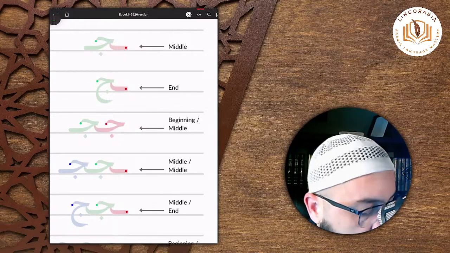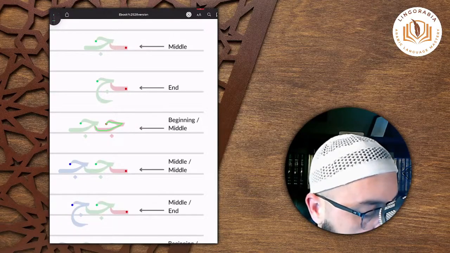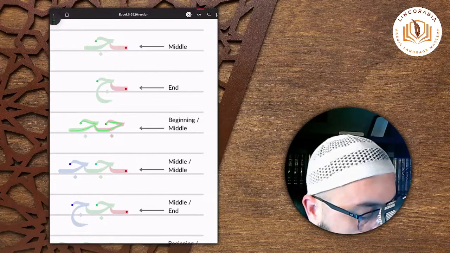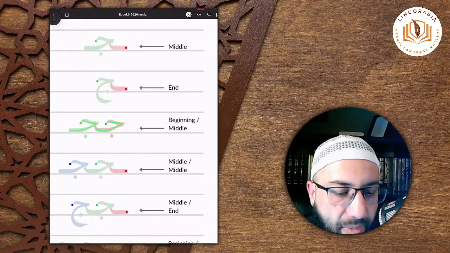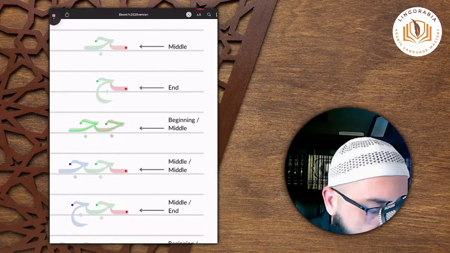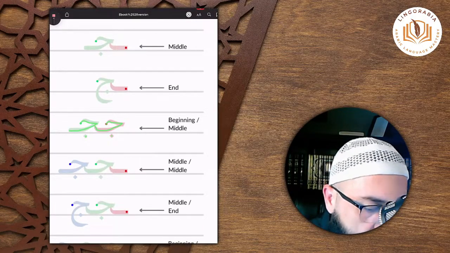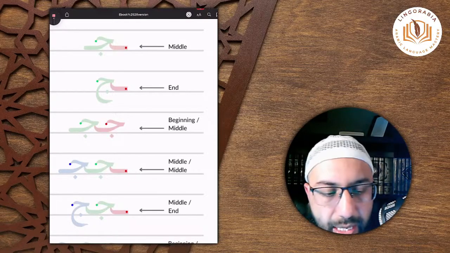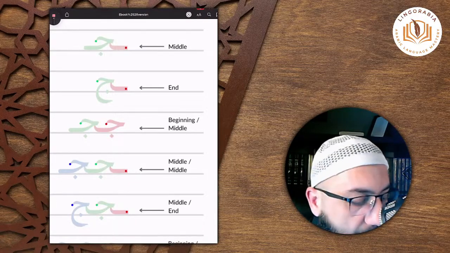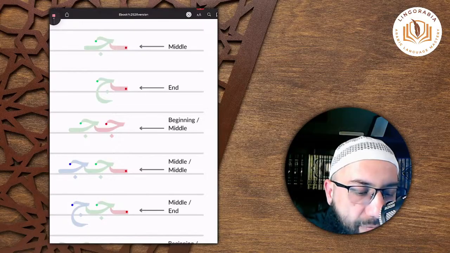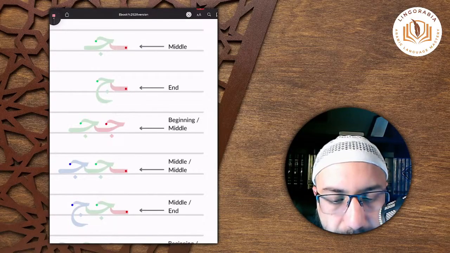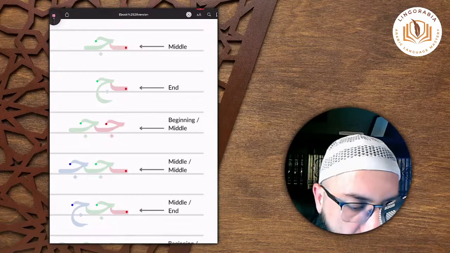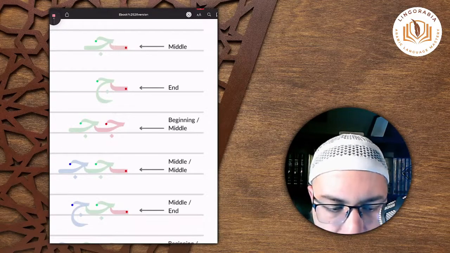So you write the jim, then stop, release the pen, dot, and then again start at the green dot, and write the jim and dot. Is it clear, guys? If it is clear, give me a 1 on the chat. All clear?